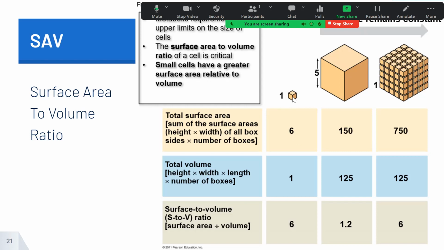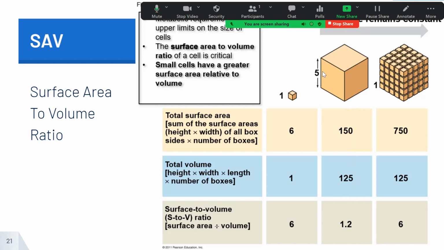Each side is 1 unit, and length times width times height gives a total volume of 1, so the surface area to volume ratio is 6 divided by 1, or 6. So that's a pretty big number. If you look at the bigger cube over here, which has a longer side, when you do that math, you're getting a 1.2 surface area to volume ratio. So the bigger cube has a smaller surface area to volume ratio.